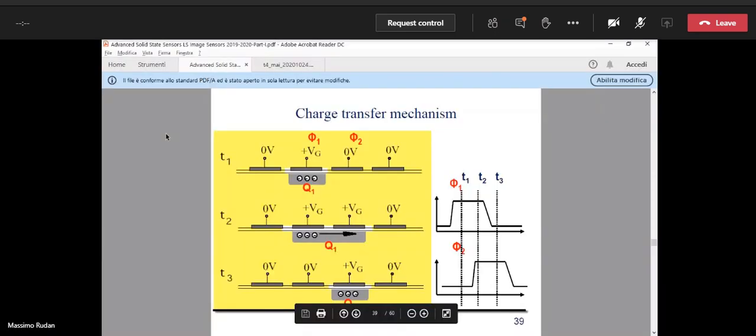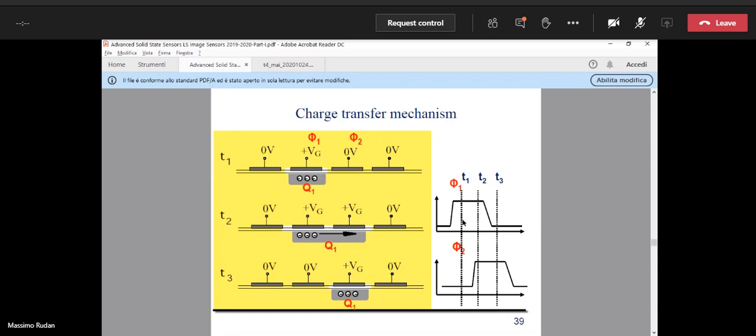This figure is more suited for understanding what happens. The names of the phases are not the same as in the other figure, but it is quite easy to understand. In this case, phase 1 is high. So at time T1, we have electrons under the gate attached to phase 1. Okay.